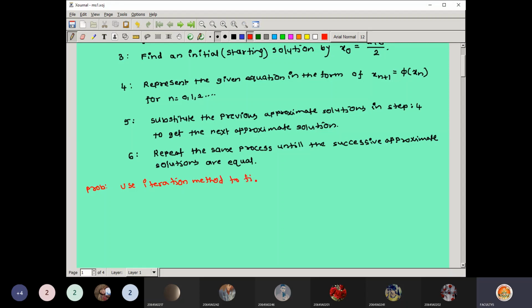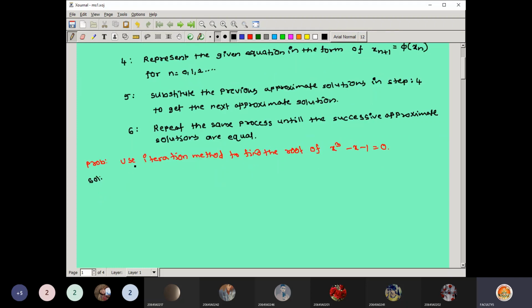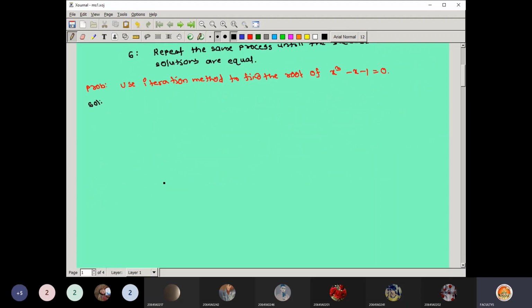So here is one expression, and we are asked to find the root by applying iteration method. Look at the given expression. Is it a transcendental equation or an algebraic equation? Clearly you can say that it is algebraic.